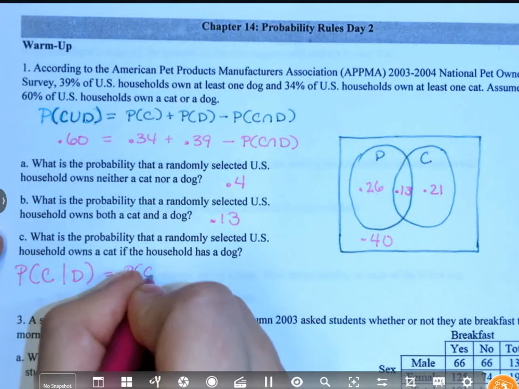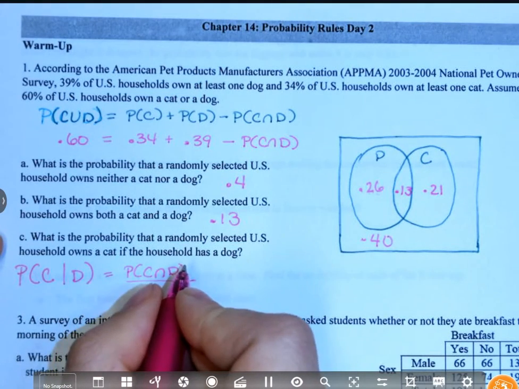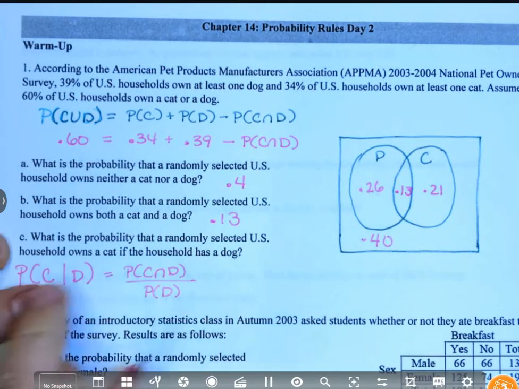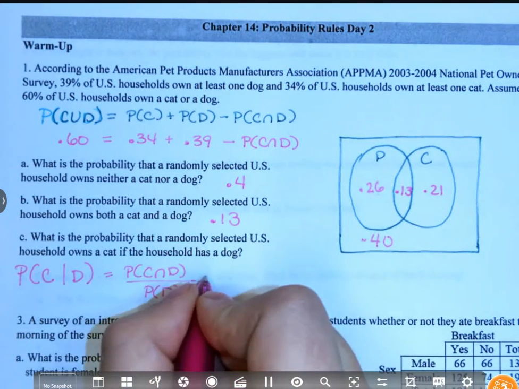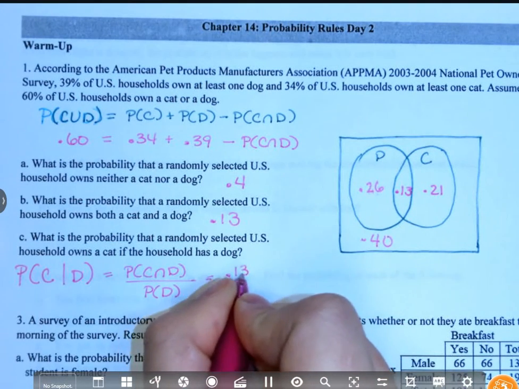Probability of cat and dog goes on top, divided by the probability of dog. Because for given, and goes on top, this goes on bottom. So what is the probability of cat and dog? 0.13.